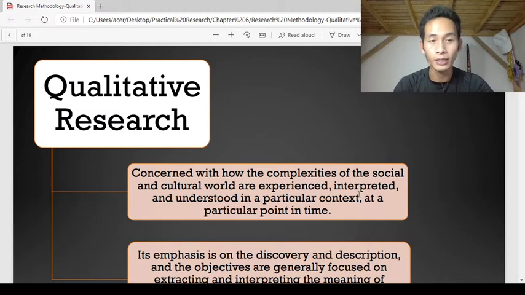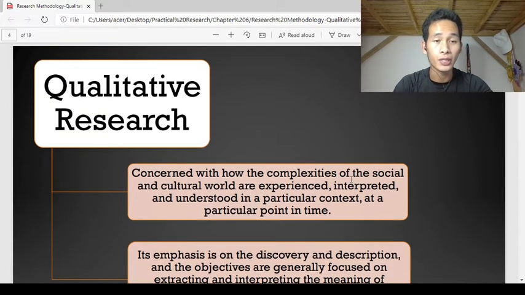That is qualitative research, more on understanding the complexities of the social world and cultural world through experiences of the researcher and the respondents, and then out from these experiences will be interpreted and understood in a certain context and a certain point of time.